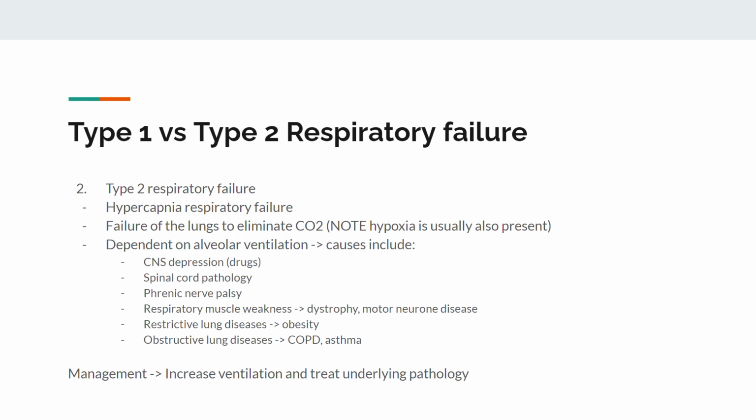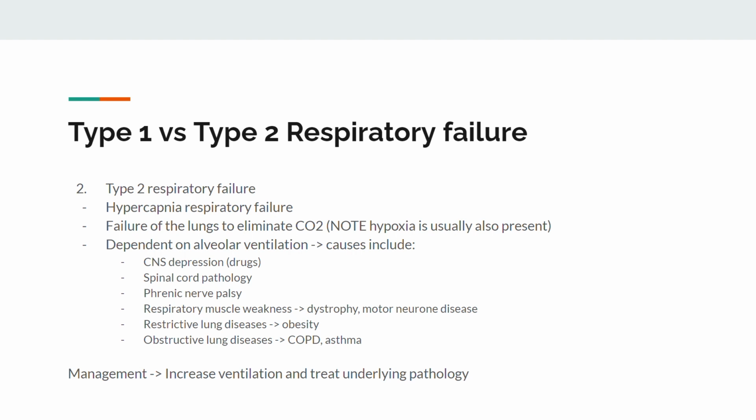This is a failure of the lungs to eliminate carbon dioxide. The key thing here is that you will almost always have hypoxia because there's a failure to eliminate CO2. Obviously, this means you're not getting enough ventilation somehow, and you're also going to have hypoxemia. But the key is that they have hypercapnia, or an excessive amount of CO2.